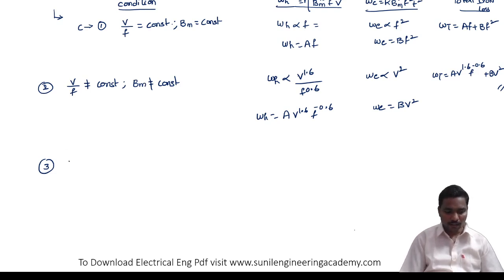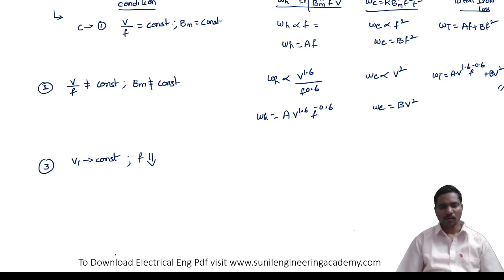If the voltage is constant and frequency decreases, then what happens to the hysteresis losses? One is constant, one is varying, so it is the second case only, correct?